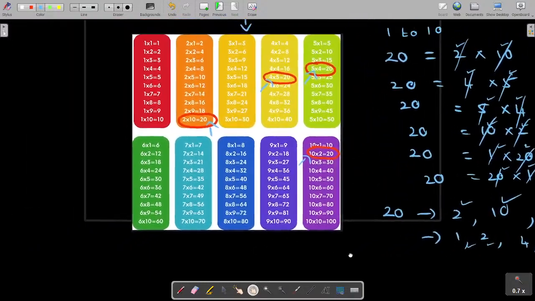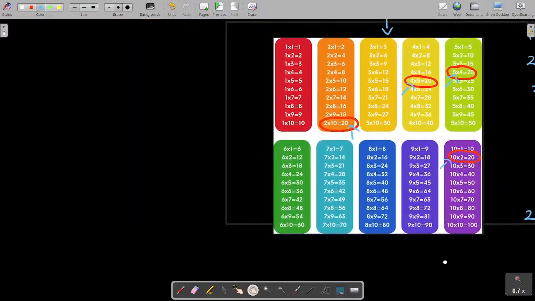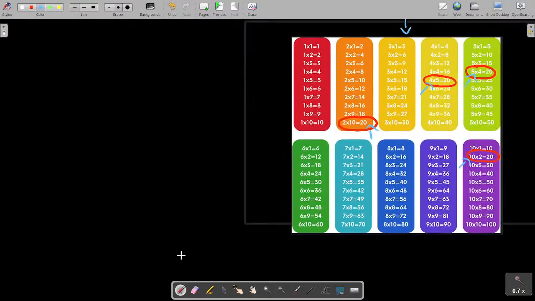Let me take one simple example. What are the factors of 6? 1 into 6 is 6. 3 into 2 is 6. 2 into 3 is 6. And 6 into 1 is 6.